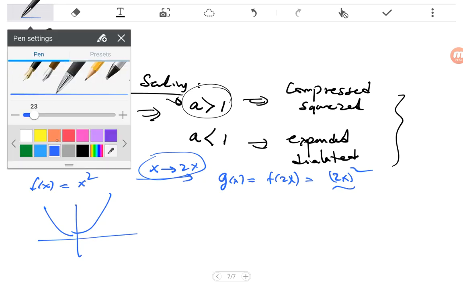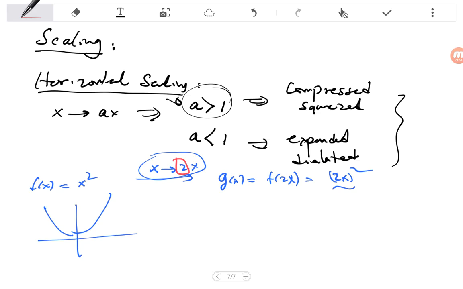I will check if that number is greater than 1 or less than 1. It is greater than 1, so we'll have a compression. The new function will be something like this. That is g of x, and that in blue is f of x.